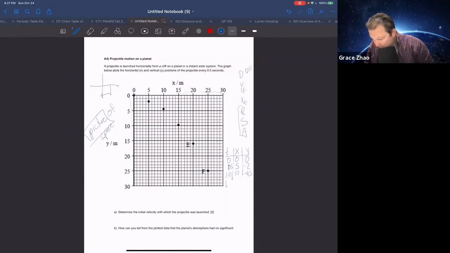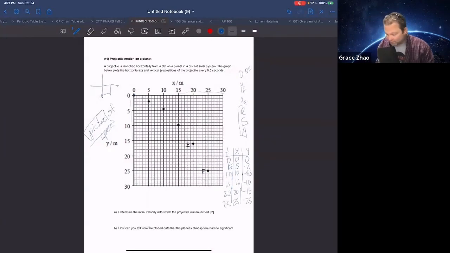And at time 1.5, we have an x of 15 and a y of -10. And at 2.0, we have an x of 20 and a y of -16. And 2.5, our last, is 25 and -25.